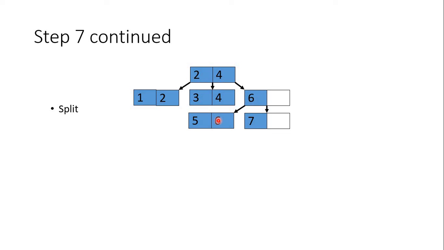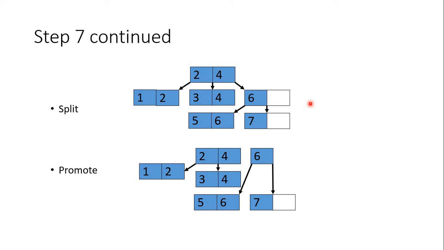6 is promoted, and 5 and 7 stay below, but all the data leaves will be preserved at the same level. So 6 will go up after the split and promotion. 2, 4 and 6 will be at the same level, and 5 and 7 will be at the level below.